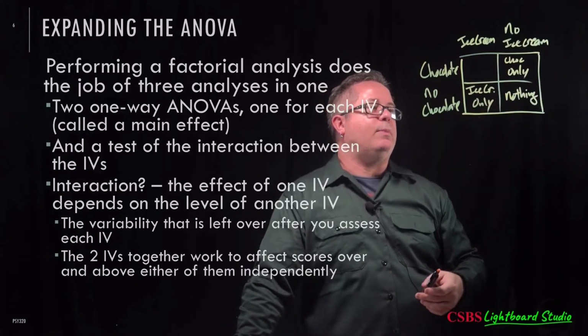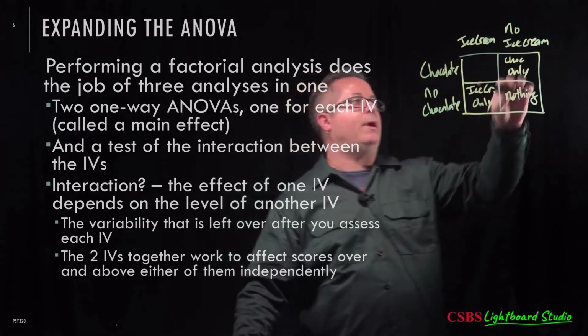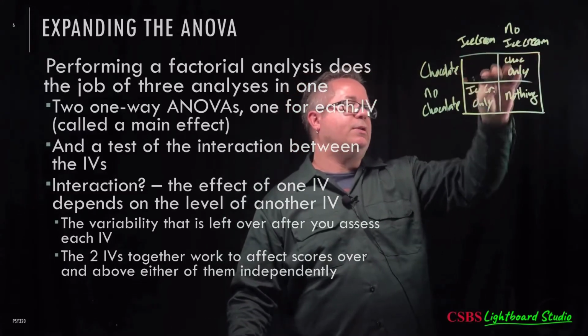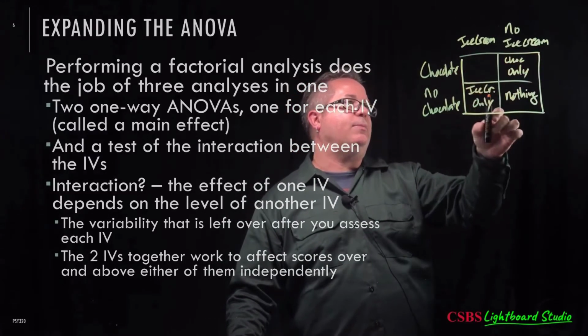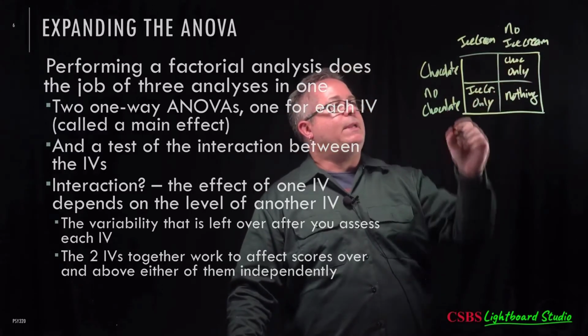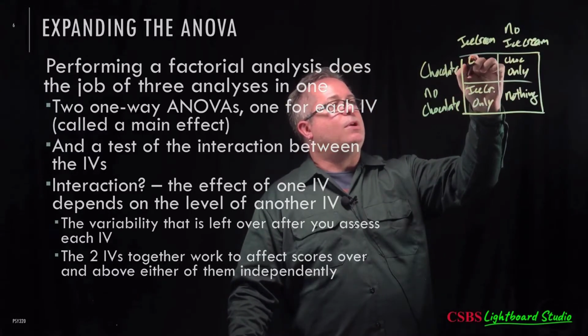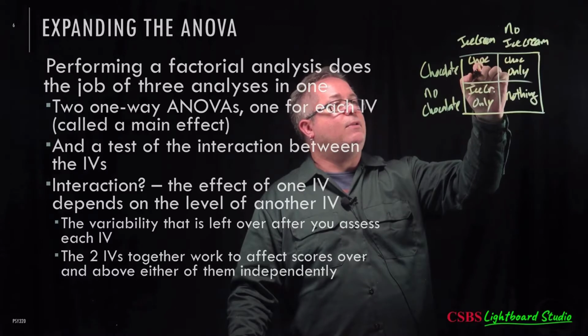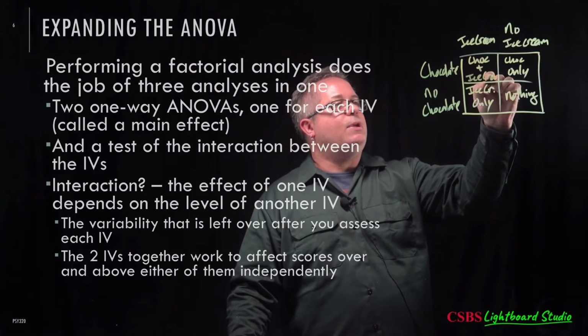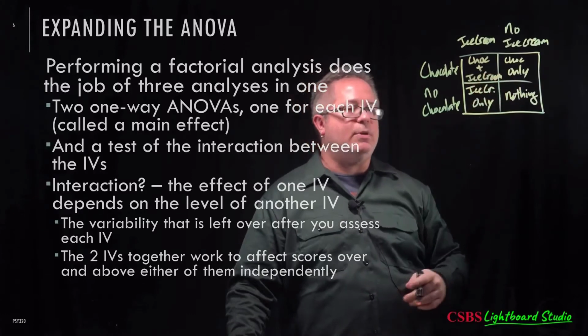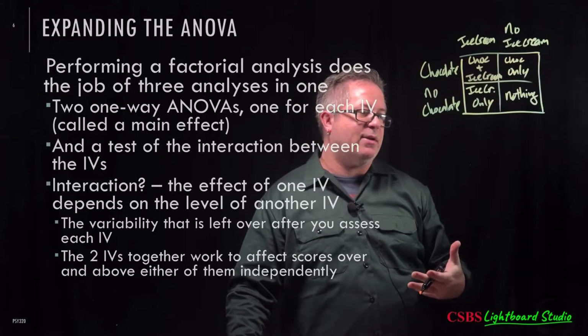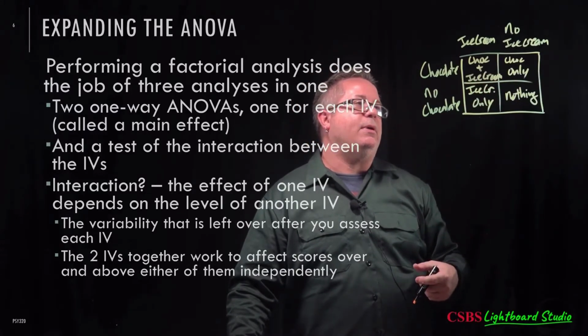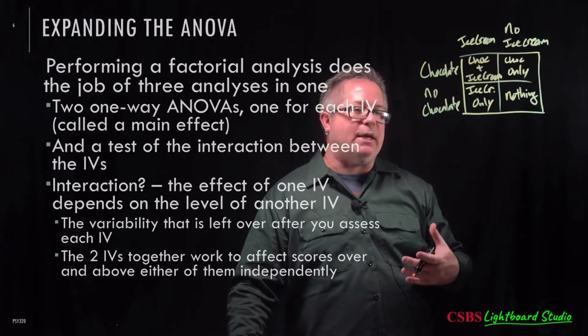So it's likely there's going to be main effects for comparing chocolate to no chocolate, ice cream to no ice cream. But here, these people are getting both chocolate and ice cream. And it's likely the combination of chocolate and ice cream together may be doing something differently.